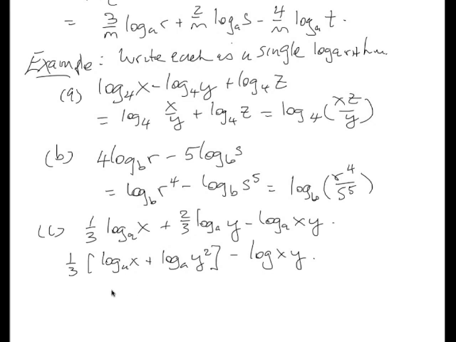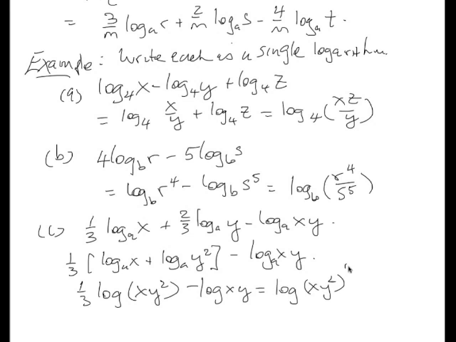Right, so this is now going to be 1/3 log of xy squared, minus the log of xy. This is in base a. So this is going to be the log of xy squared to the 1/3 power, divided by xy.